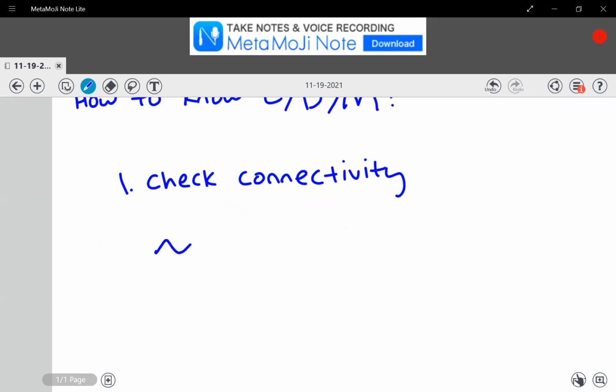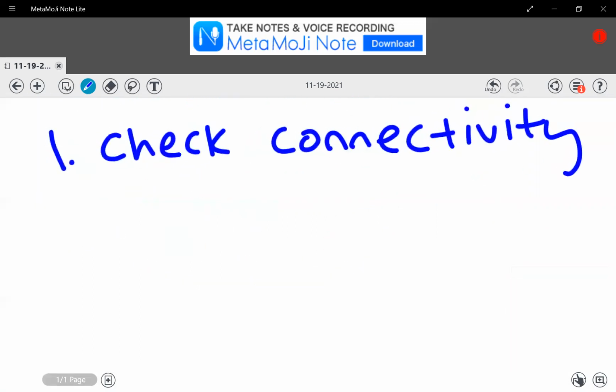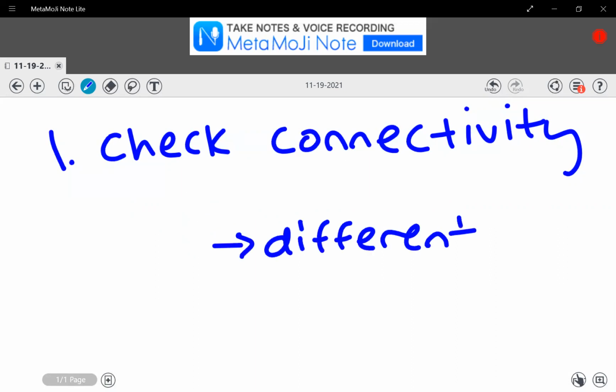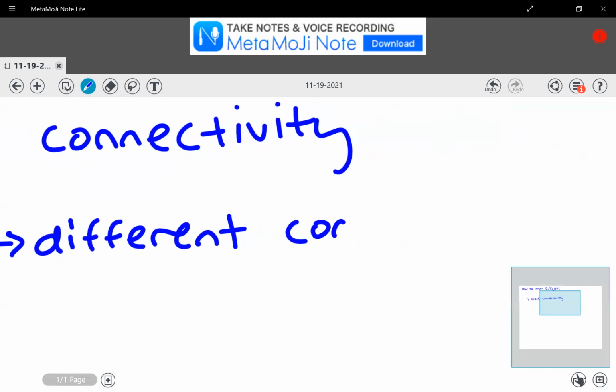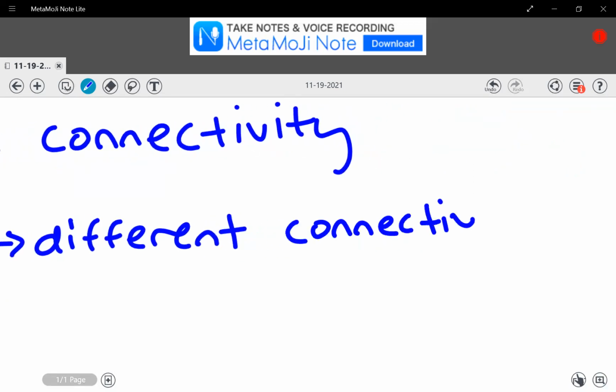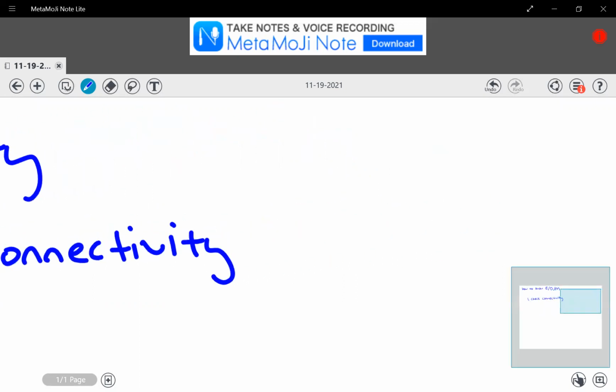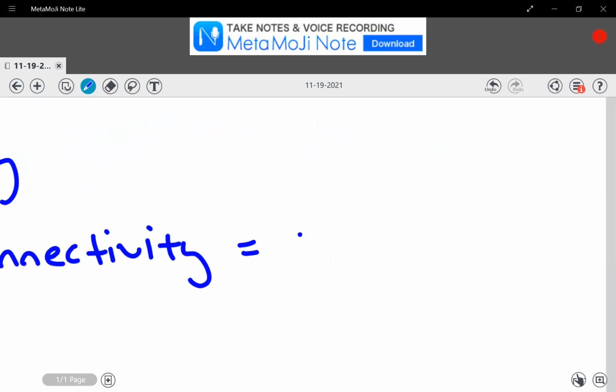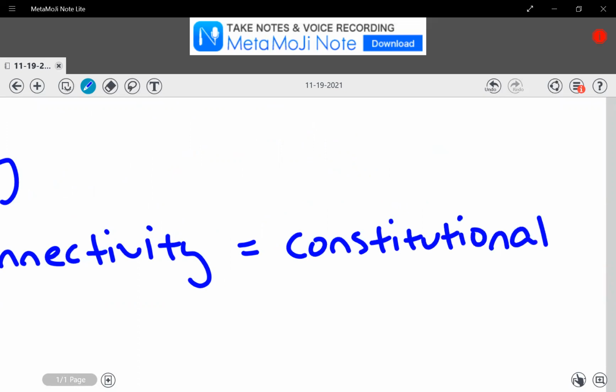However, if they're connected differently, like these two, not too bad, you stay at step 1. And guess what? You've just found constitutional isomers. So different connectivity means that you have constitutional isomers.